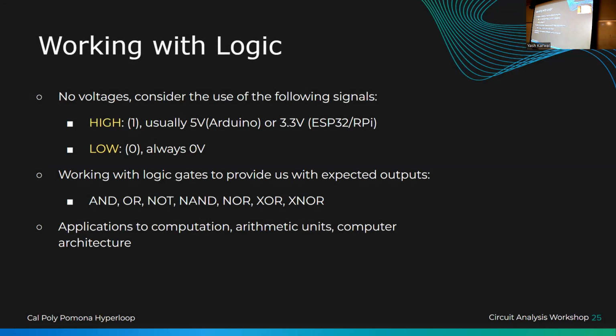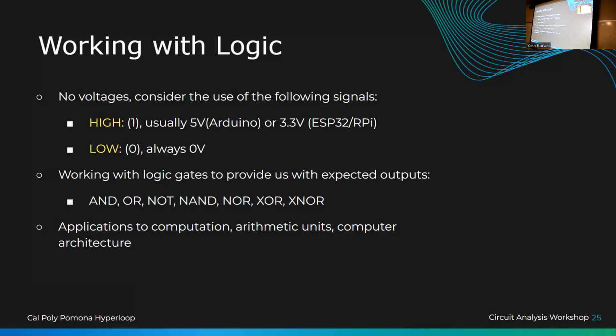All right, logic gates. So why do we need logic gates? If you have a computer, for example, computers are made of millions, if not billions, of logic gates. For example, if you want a light bulb to be turned on, but the condition is that I need to press two buttons, you can use a logic gate to make sure that both buttons have to be pressed for the light bulb to turn on.